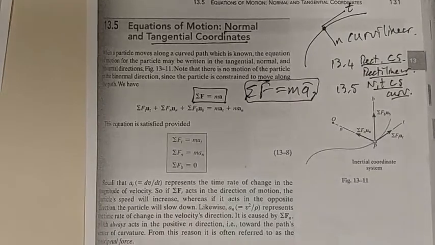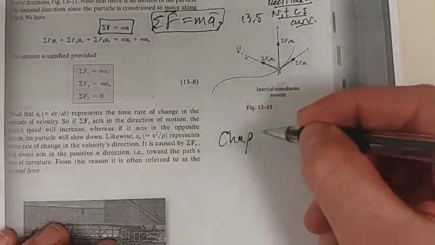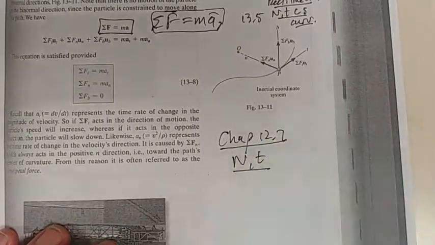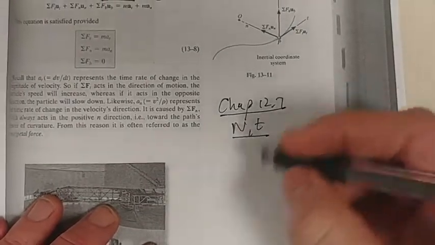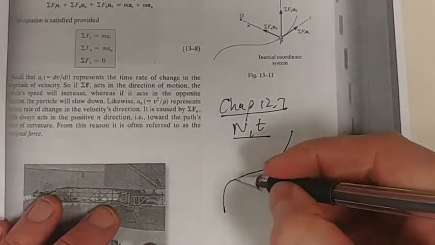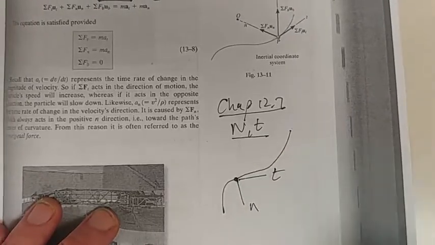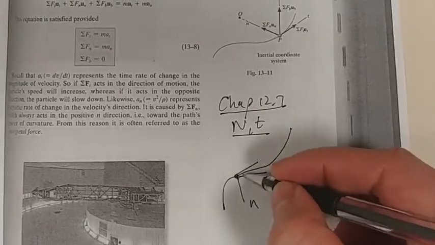But now, what we were used to, just come down here quickly, in chapter 12.7, we only discussed the normal and tangential coordinates. So again, say now we had some curved motion, and we said there's my normal, there's my tangential, for example. I think I drew that incorrectly. That should be there.